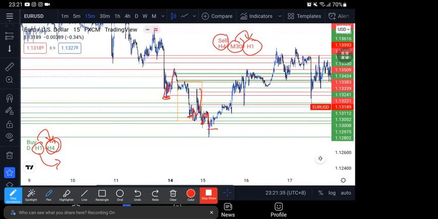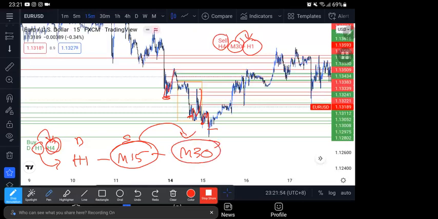So we drop down: H1 as the direction, M15 as the setup, and M30 as the bias. If we are entering at M15, we make sure it breaks the M30, which is the sell. So this is when we know whether the buy momentum is in or not.